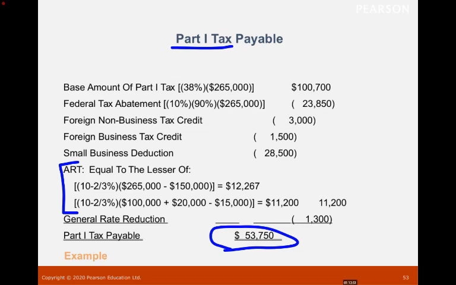So that's something new to add to what we learned in chapter 12, coming to that same number, Part 1 tax payable. It's the same number we learned in chapter 12 with a new little wrinkle added to it, when and where appropriate.